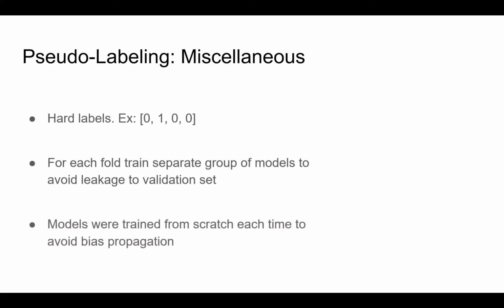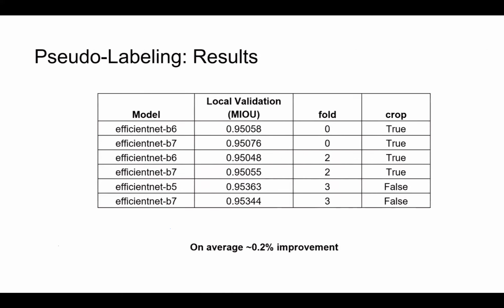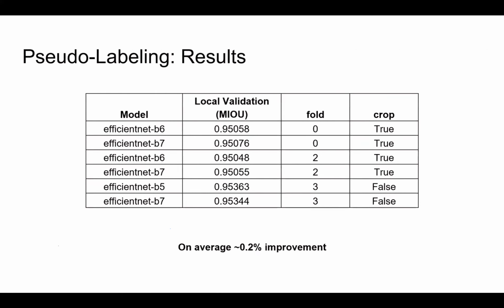Finally, models were trained from scratch each time, instead of fine-tuning previously trained models, to avoid bias propagation that could be introduced by those models. Here are the results of pseudo-labeling. As you can see, on average there is a 0.2% improvement compared to training only on labeled data.